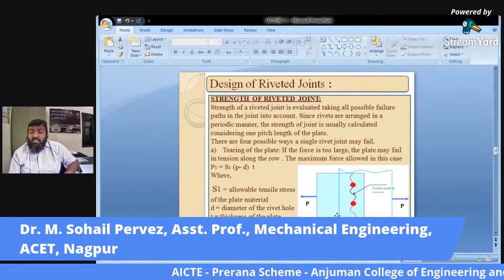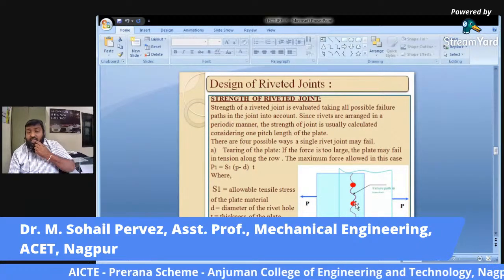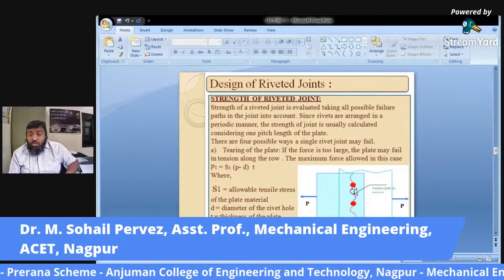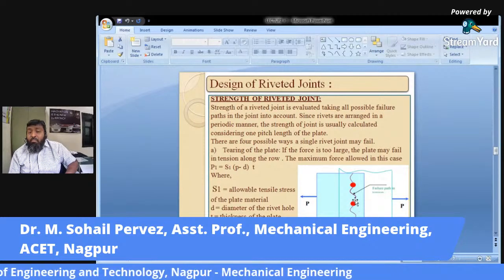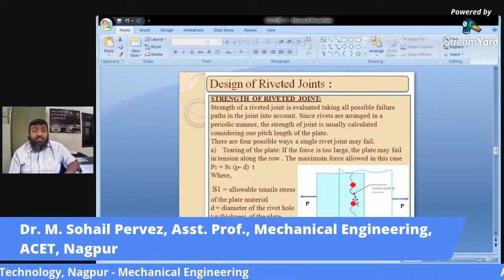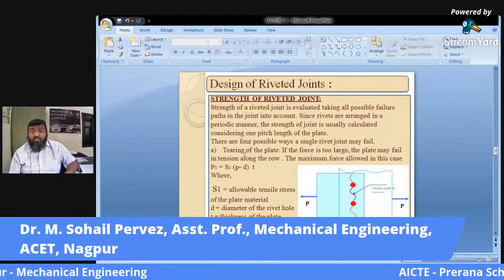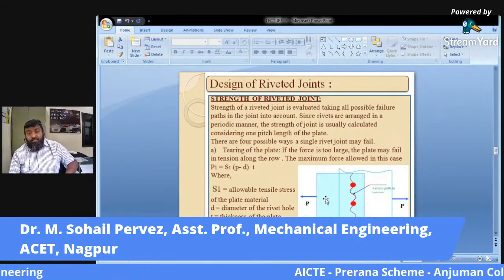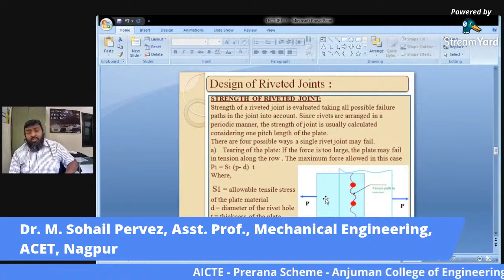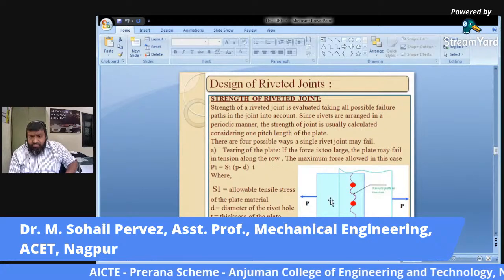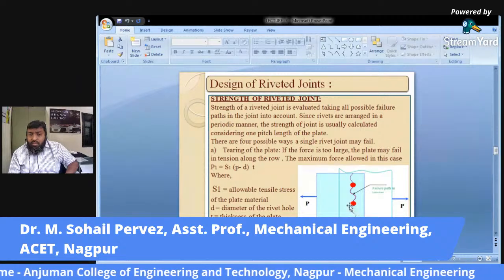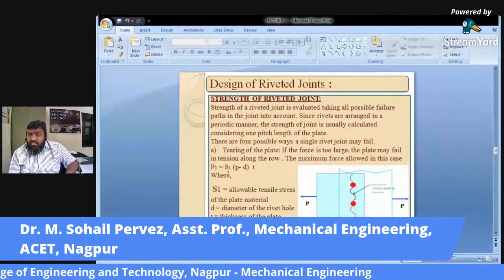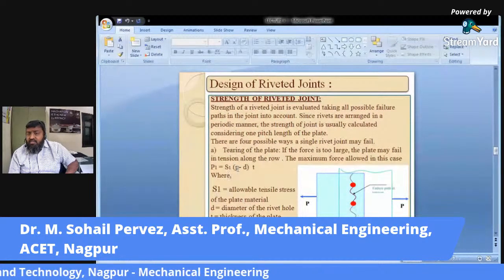In this case, the plate may fail along, or between, two rivets. The successive span may fail. That is why this is called tearing of the plate. That is the very first mode of failure. So the allowable distance under stress is P minus D. What is P?